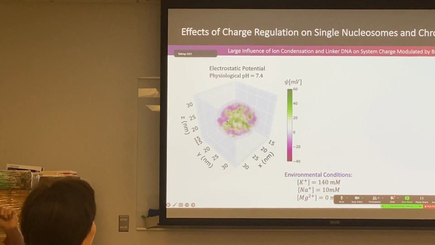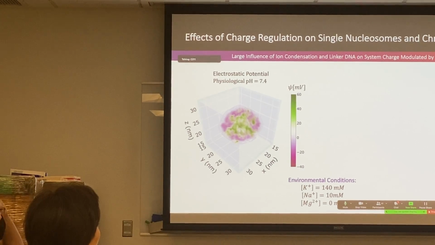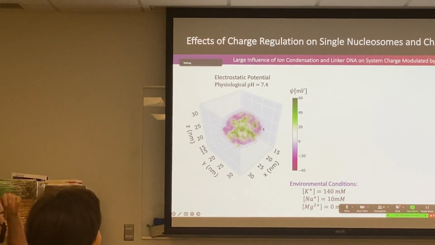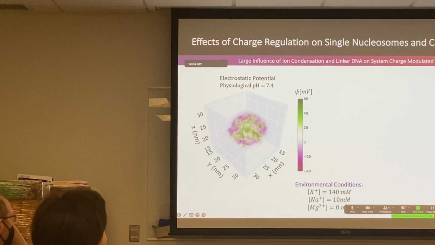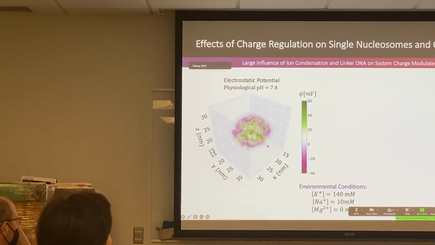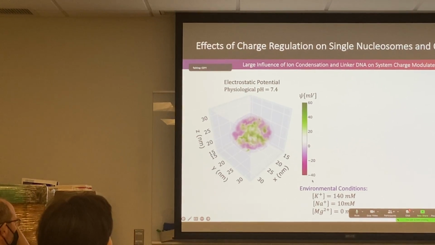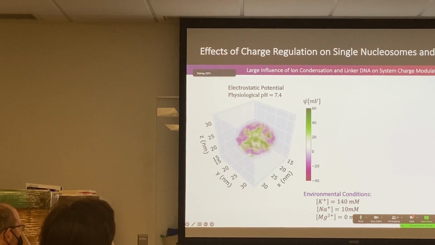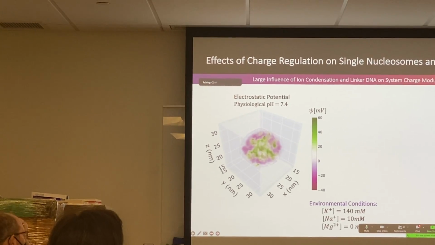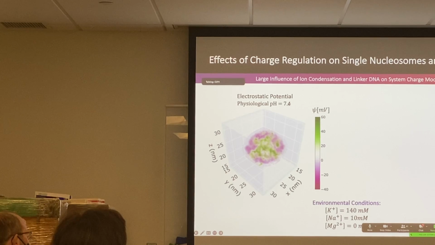So first of all, what you can see here is that the electrostatic potential distribution in 3-dimensional space is very heterogeneous. You can see the negatively charged DNA loops wrapped around the histones, represented by this more negative electrostatic potential, and the positively charged basic amino acid residues are in this green region here.